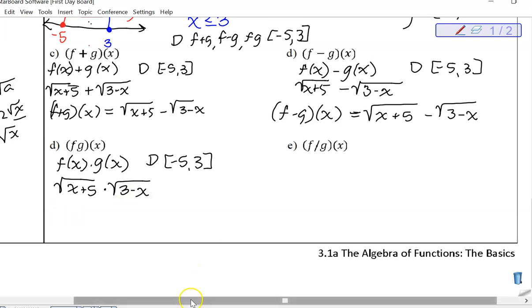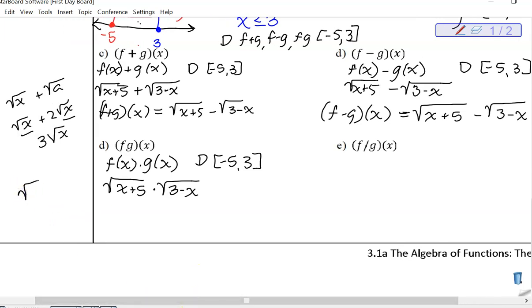Just like if I did the square root of 2 times the square root of 8, that's the same as saying the square root of 16, which is 4. I can multiply radicands underneath square roots. So this could look more like this. And I would require this.